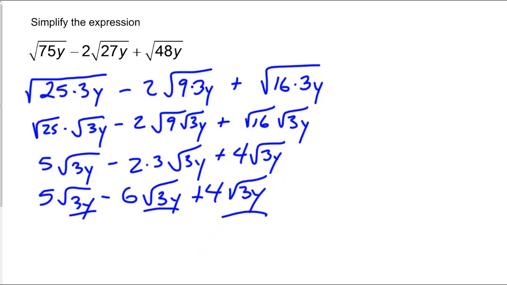All the root terms are alike, therefore I can add all the coefficients out in front. We have 9 minus 6, which is 3 roots of 3y, and that's my simplified term.